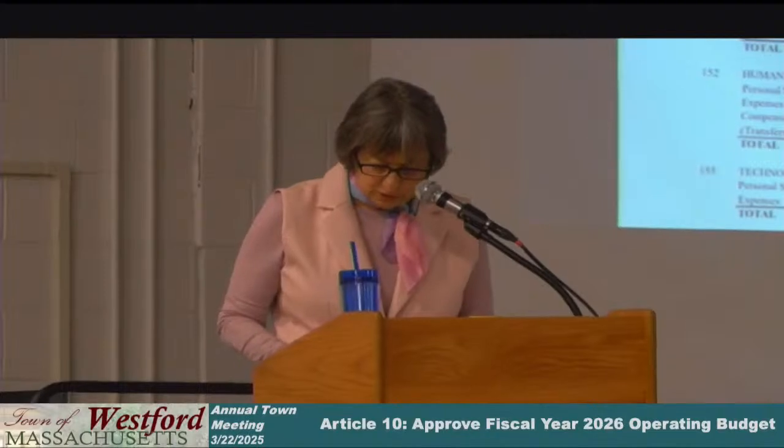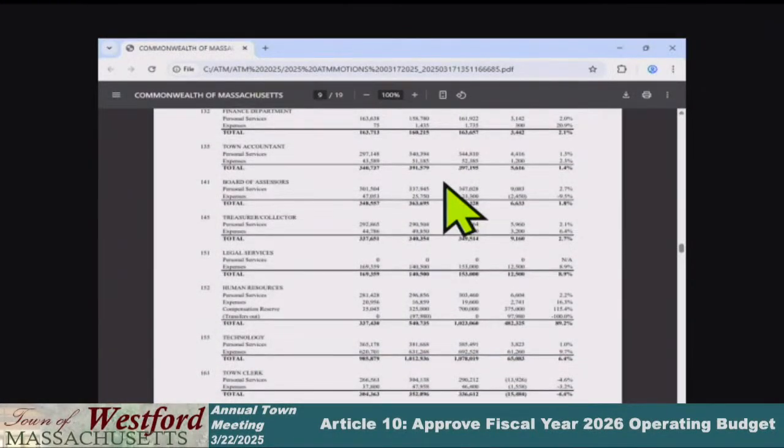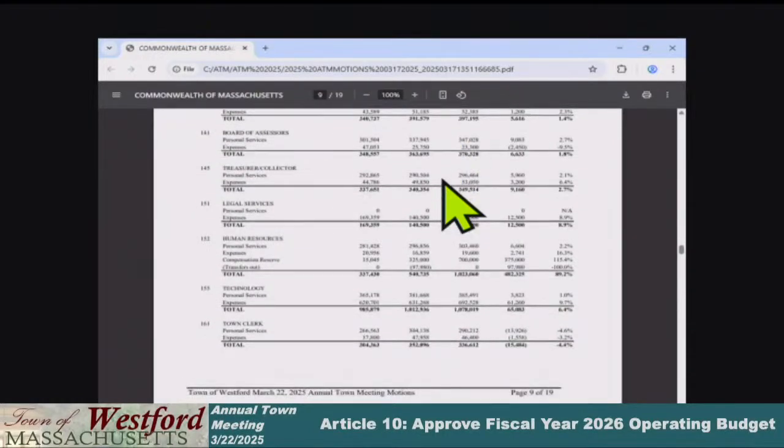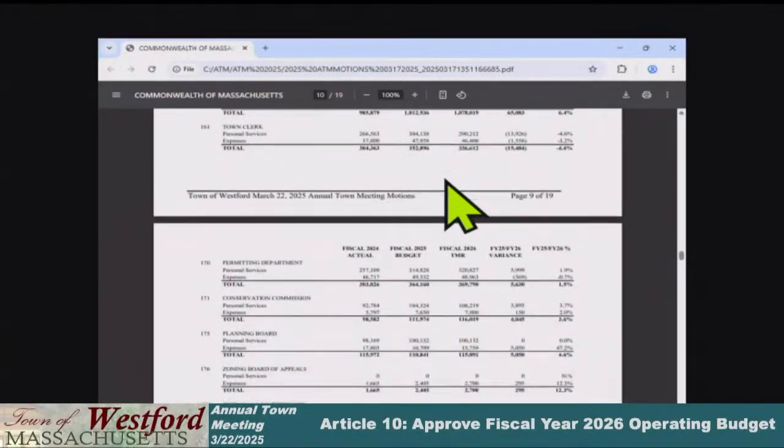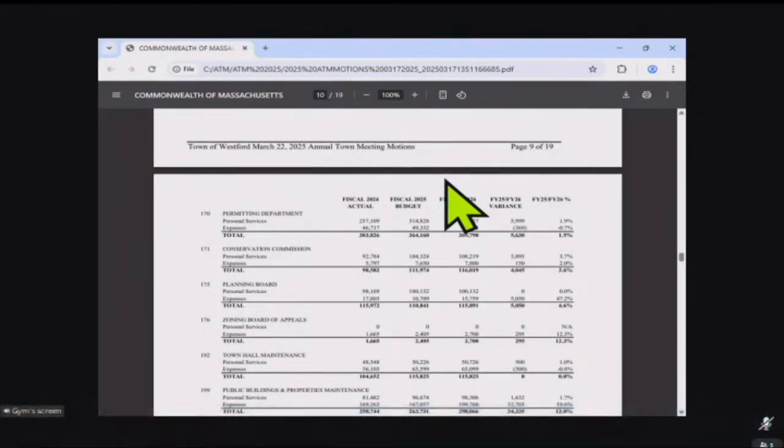Legal services, $153,000. Human resources, $1,023,060. Hold on human resources. Technology, $1,078,019. Town clerk, $336,612. Next page, permitting department, $369,790.